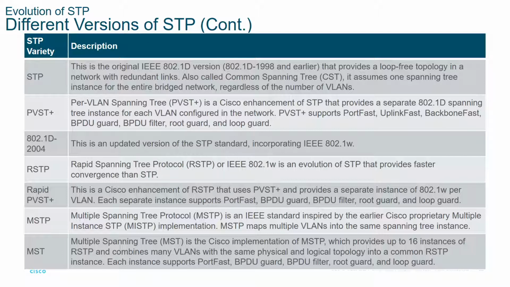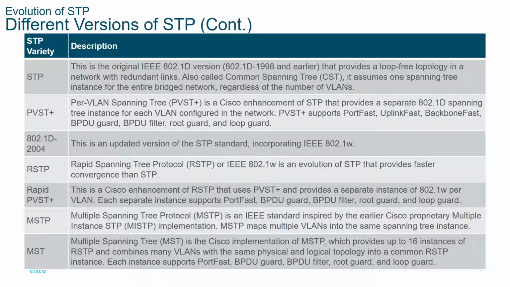So the original spanning tree didn't allow for per VLAN. Regardless of how many VLANs you might have, you only have one spanning tree. Then per VLAN spanning tree, PVST+, is a Cisco enhancement of STP that provides a separate 802.1D spanning tree instance for each VLAN configured in the network.